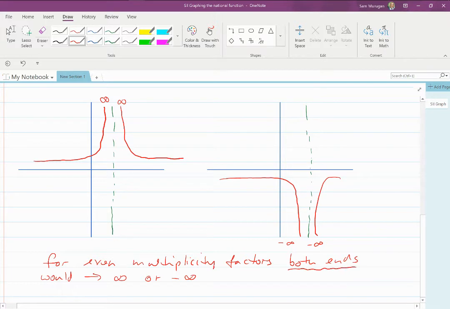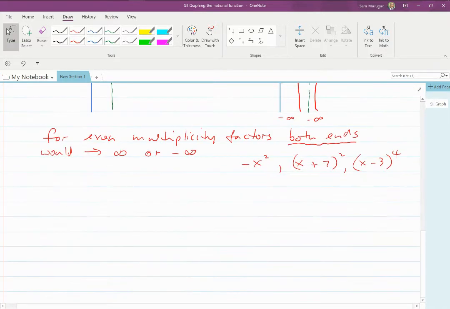So anything like negative x squared where the power is even, or x plus 7 squared, or x minus 3 to the fourth power, anything that has that power even will result, for the vertical asymptote, in the graph headed in the same direction, either to positive or negative infinity.